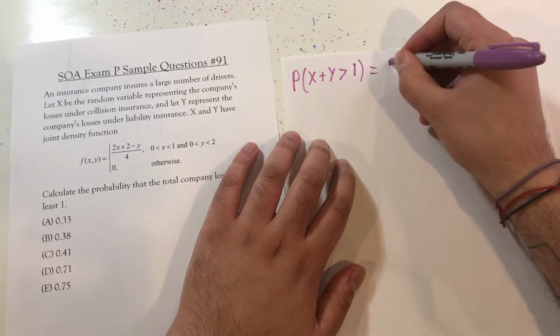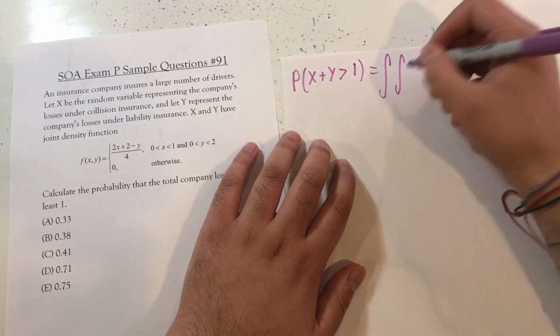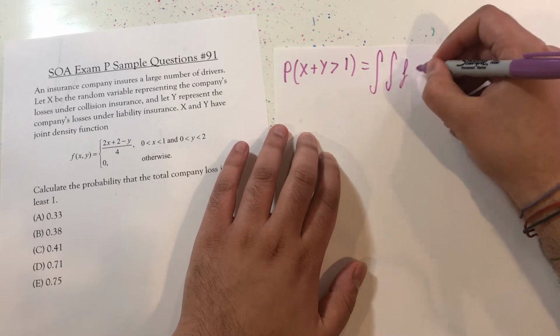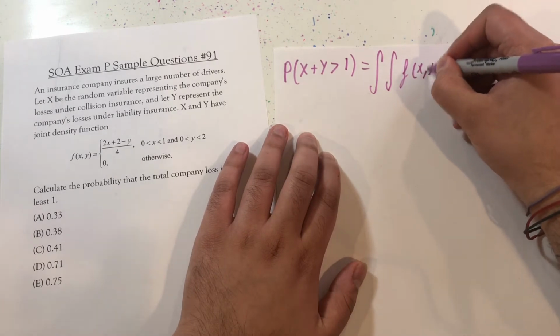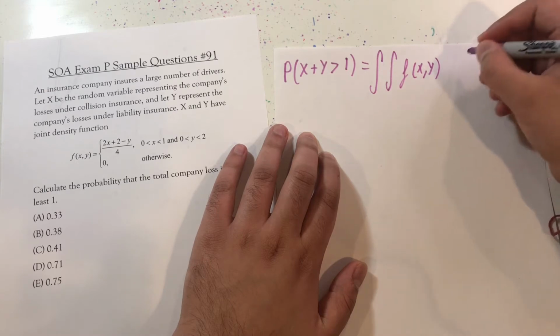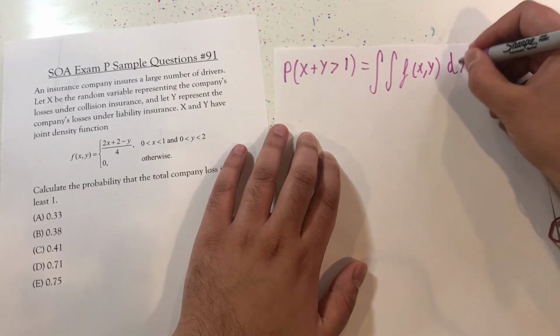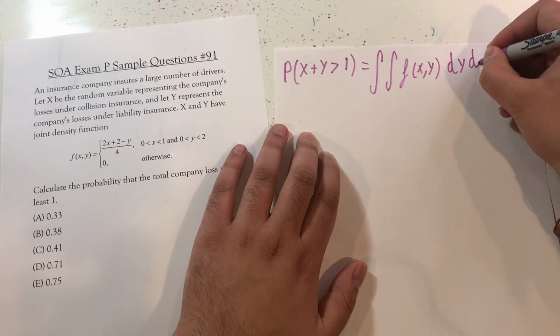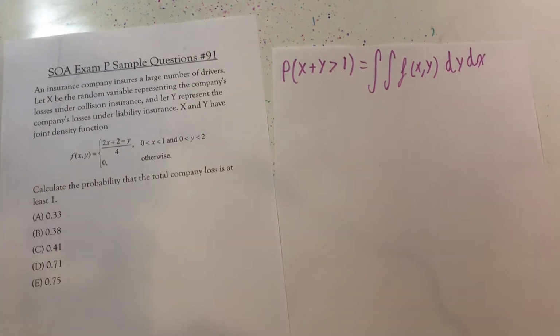And that's equal to the double integral of f of x comma y dy dx. You could do dx dy and you would get the same answer. This is just what order I'm integrating in.